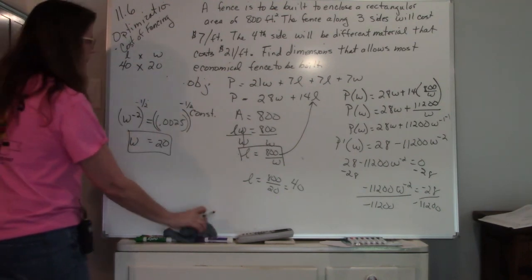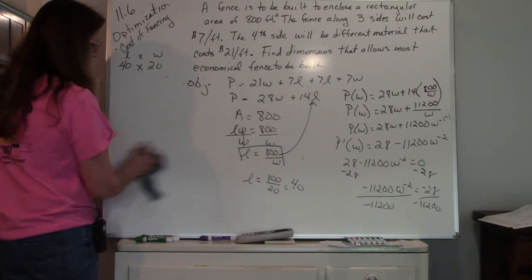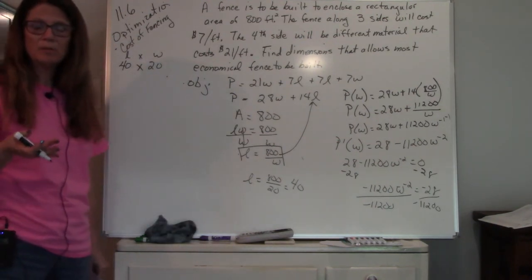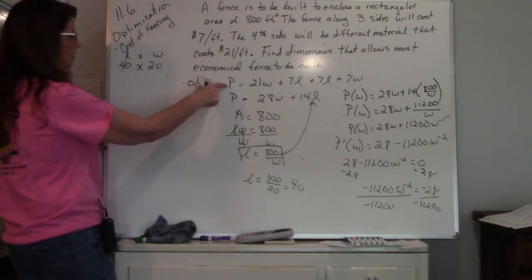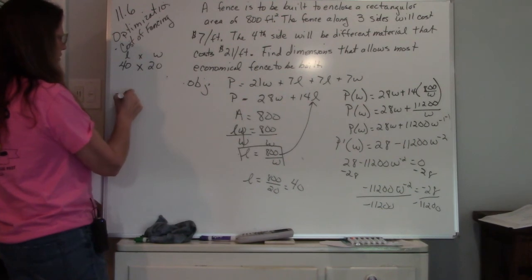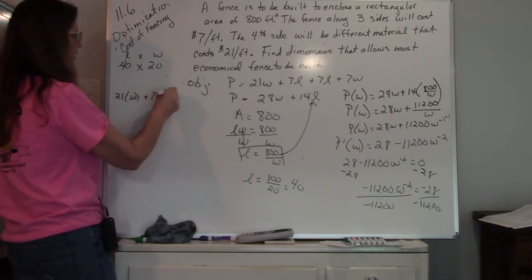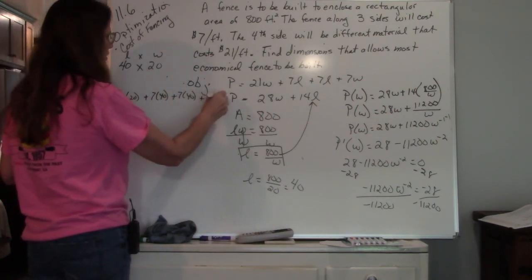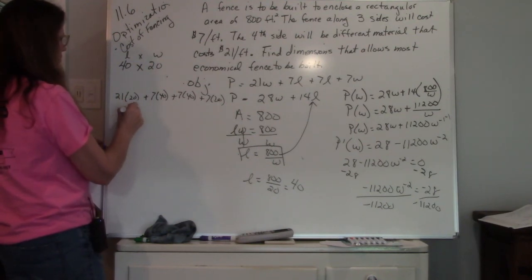Okay. Now, if you want to check it, you can find, for instance, if the question was what was the minimum cost, you had the original, so I had 21 times 20, because that's the width, plus 7 times 40, plus 7 times 40, plus 7 times 20. So 21 times 20 is 420.